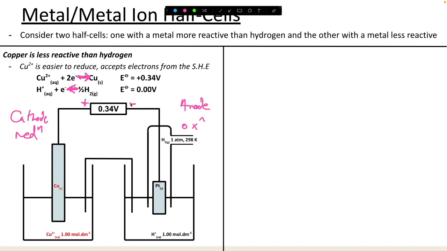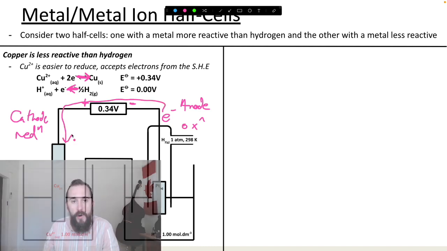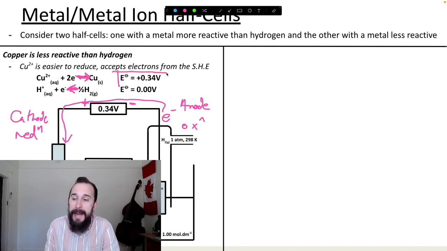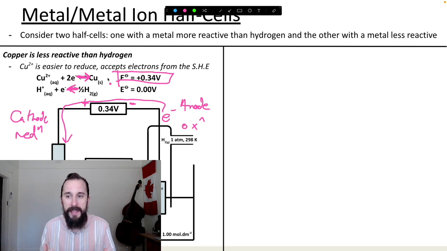And this is going to be our negative electrode over there. So that means that our hydrogen is undergoing the oxidation reaction. Our electrons are flowing this way. And what we observe on our voltmeter is a positive reduction potential. So if we have a positive reduction potential, that implies that the reduction reaction is the more favorable. And the more positive that is, the more favorable it becomes.